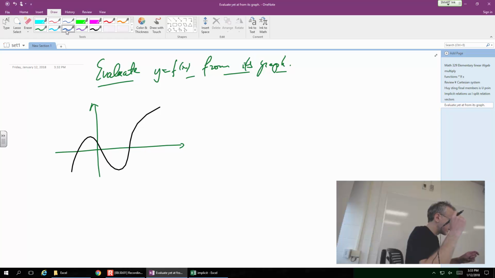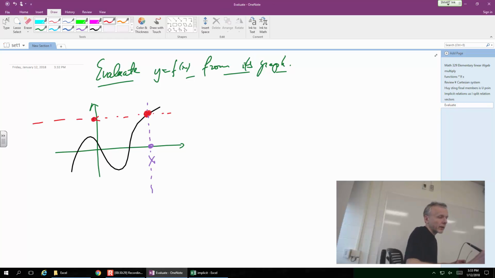If you're given x, you draw a vertical line, find the intersection of the vertical line with the graph, and then what? And then do a horizontal line, and find the intersection with the y-axis, and then that will be the output.